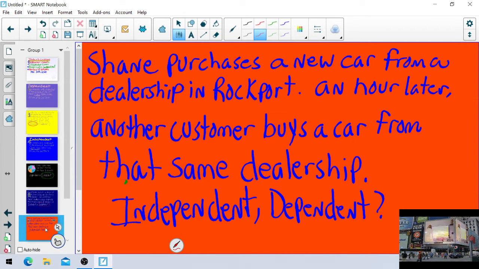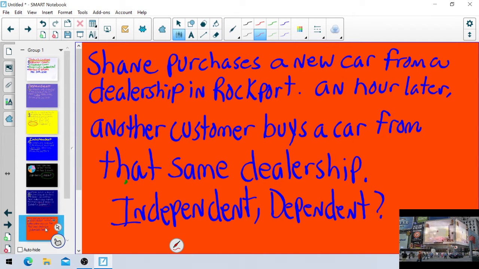Shane purchased a new car from a dealership in Rockport. An hour later, another customer buys a car from the same dealership. Independent or dependent? If you really don't get it, try reading it again.